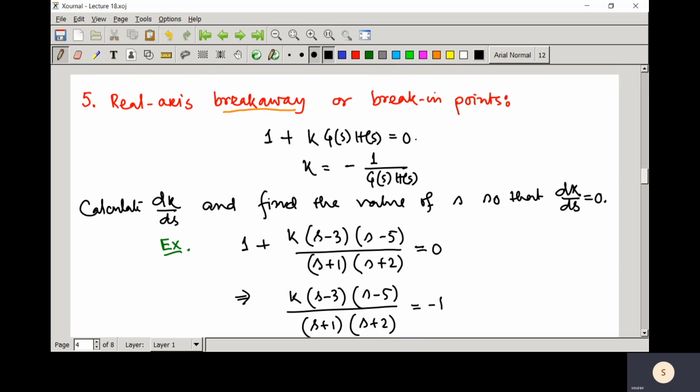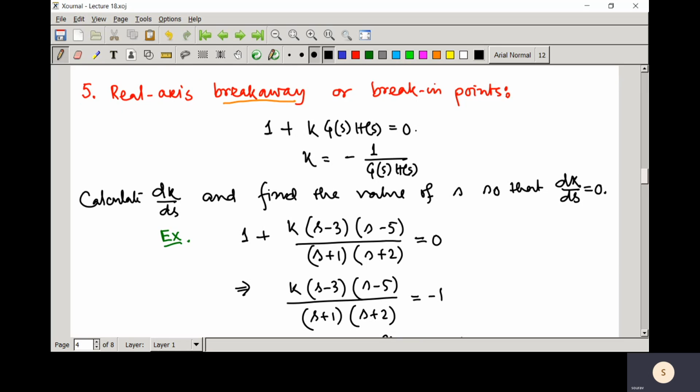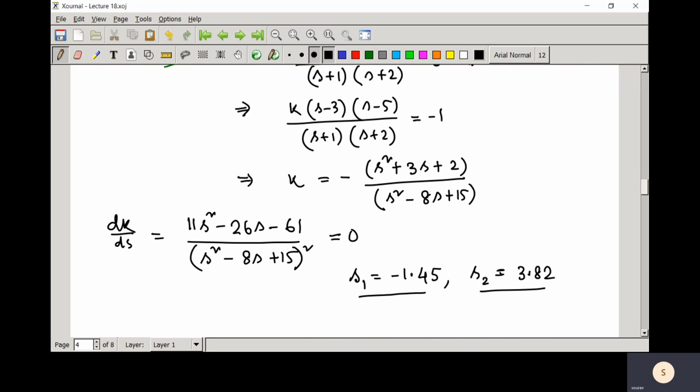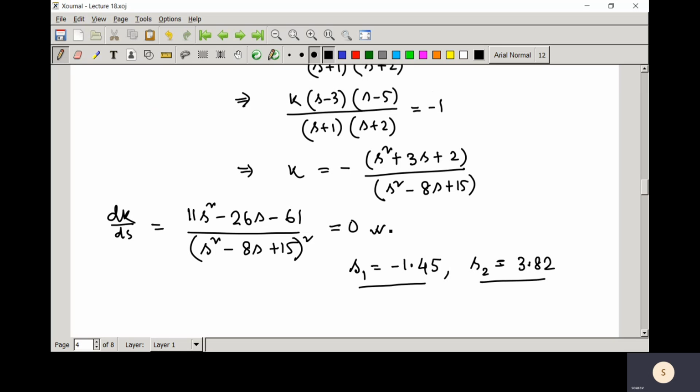So what we have discussed here is that whenever a characteristic equation is given, you write it in the form k equal to minus of 1 by g of s h of s. Here we have taken one example, and we found that dk by ds equal to 0 at the break-in and breakaway points, and we get 2 points. We need to see whether those 2 points are breakaway points or not.